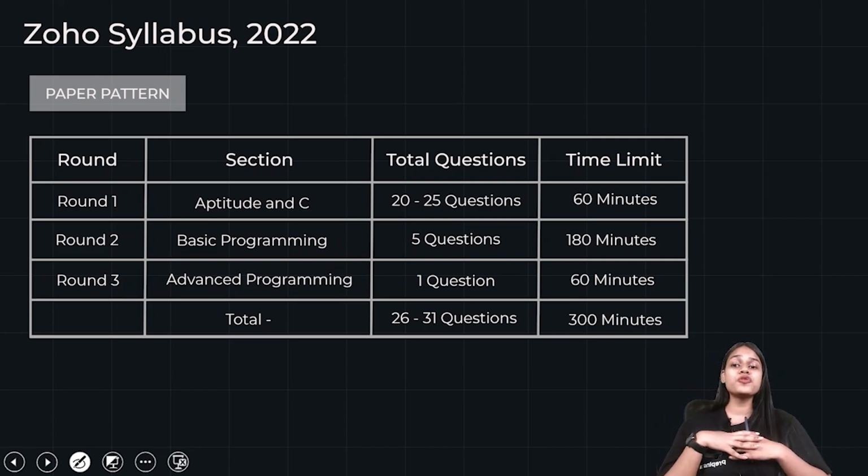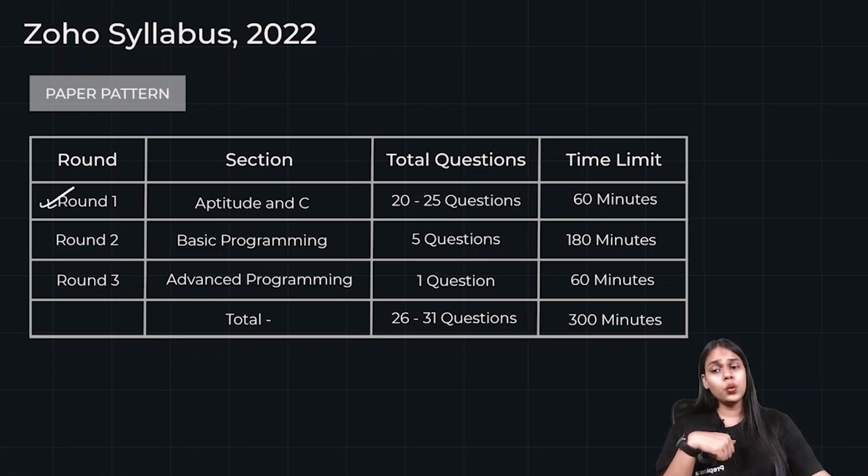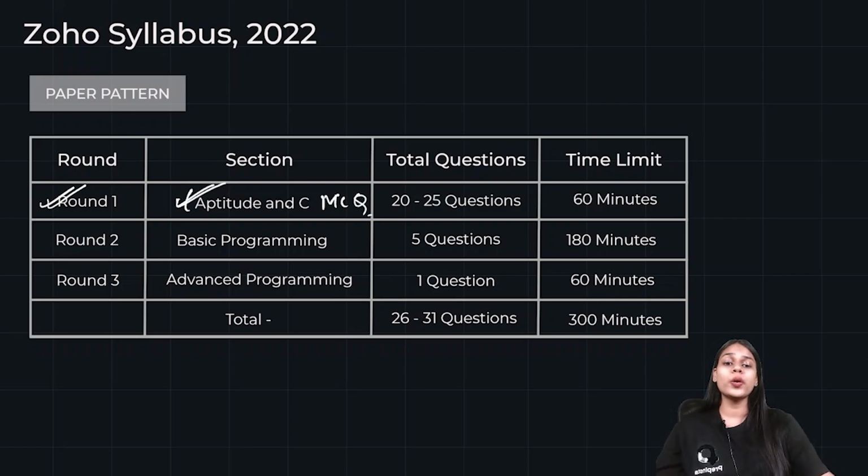Now let's move towards the paper pattern. What is the paper pattern for Zoho? Like we discussed, we have round one, that is aptitude and C. It includes the aptitude section and C programming. It is C MCQ and it's going to have 20 to 25 questions. Why have we given a range? Because the exact number of questions is not known.